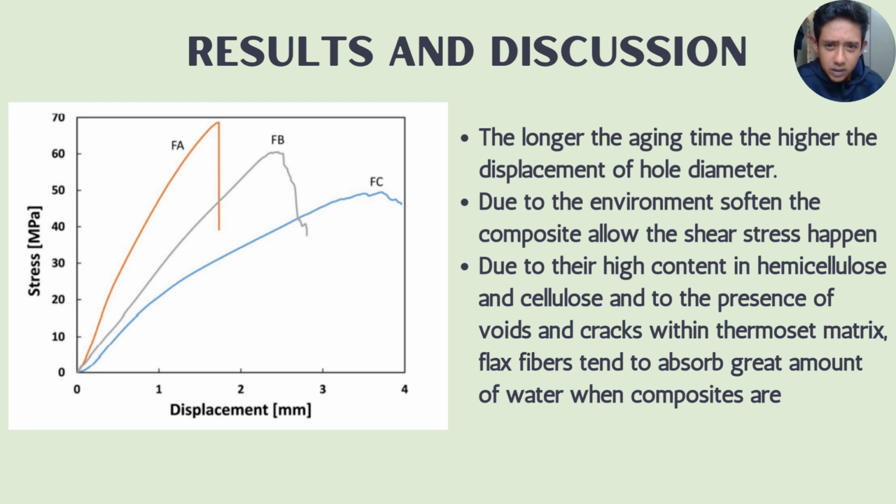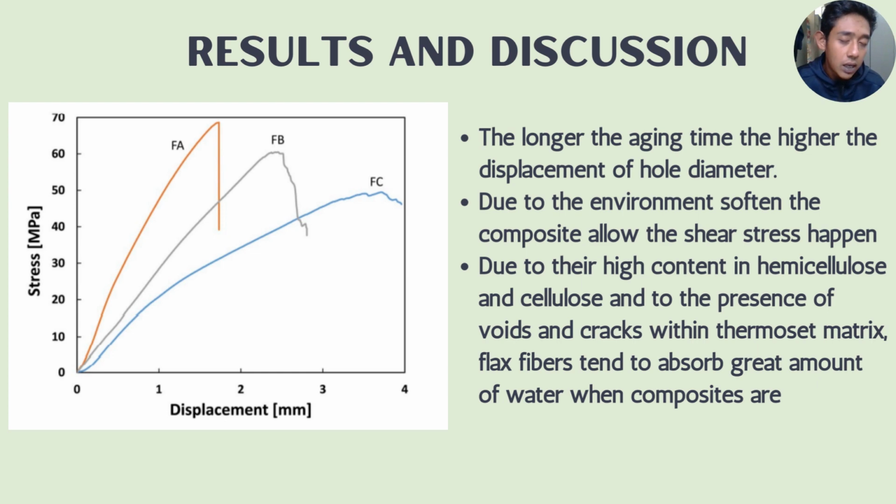And the area under the graph of 60 days and 30 days is bigger compared to the 0 days of aging. So from the graph, we can say that the longer the aging time, the higher the displacement of the hole diameter. This is because the environment softens the composite, allowing shear stress to happen.